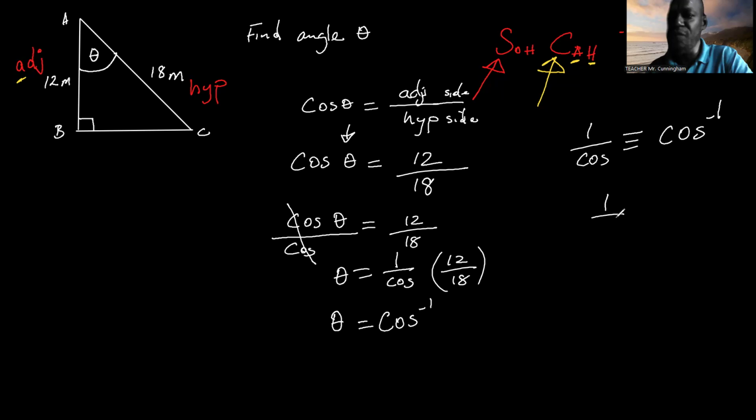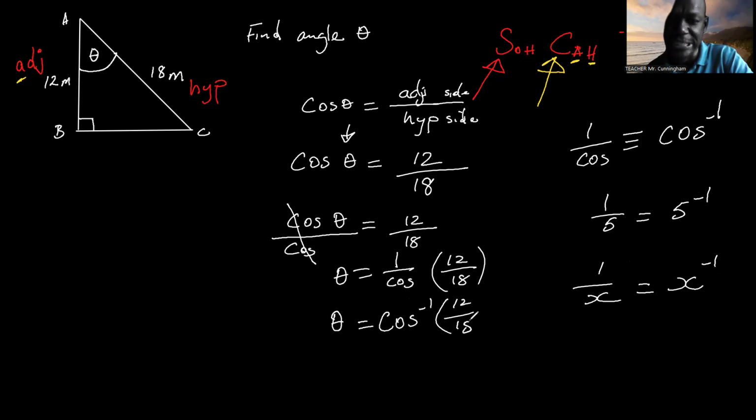Now 1 over 5 is 5 inverse. 1 over x is x inverse. So 1 over cos is cos inverse. So we want to find the cos inverse of 12 over 18. Here is how you find that on your calculator.